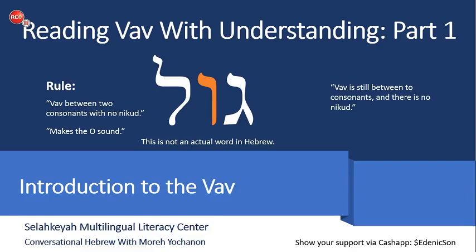Vav is still between two consonants, and there is no nikud. So it must make an O sound. Lamet makes an L sound.